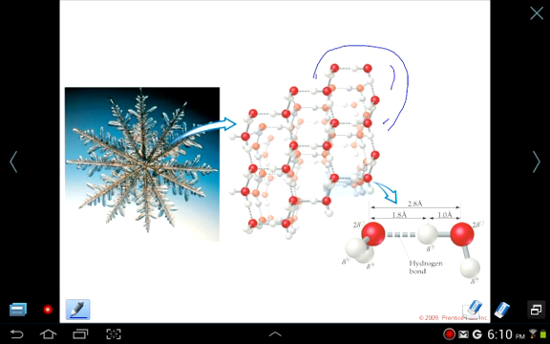This alignment expands the structure, creating a less dense structure in the case of ice, and this is why ice floats. The hydrogen bonding in water essentially is what partially explains why ice is less dense than liquid water.